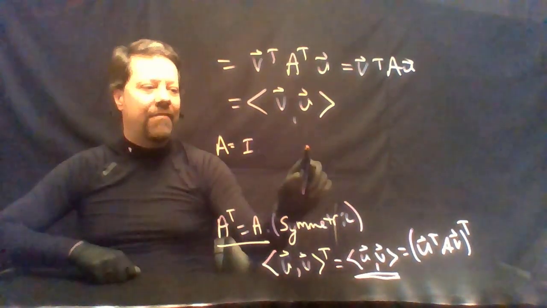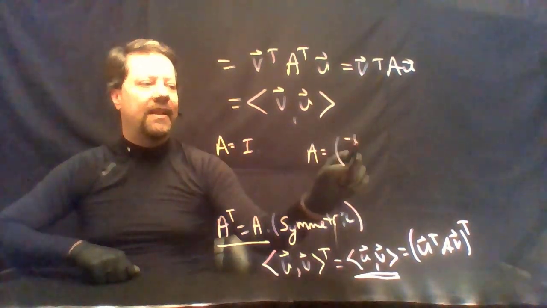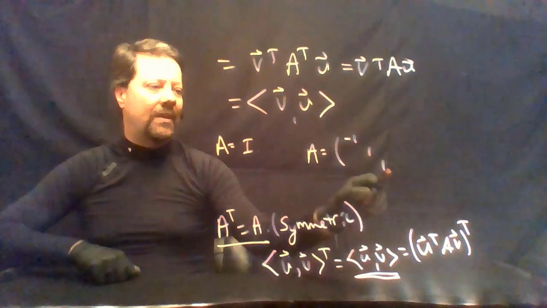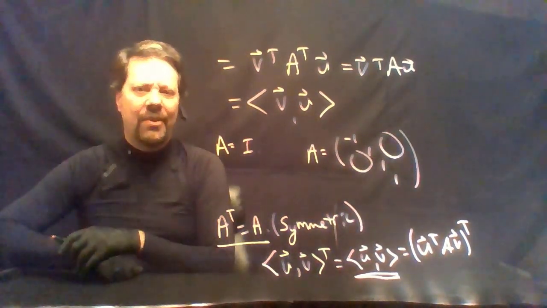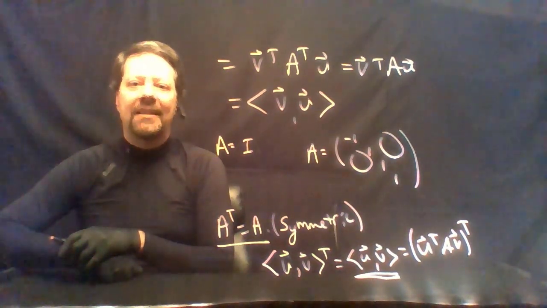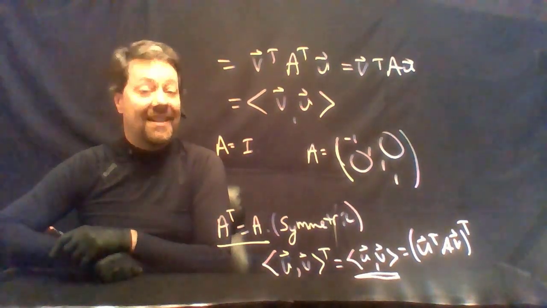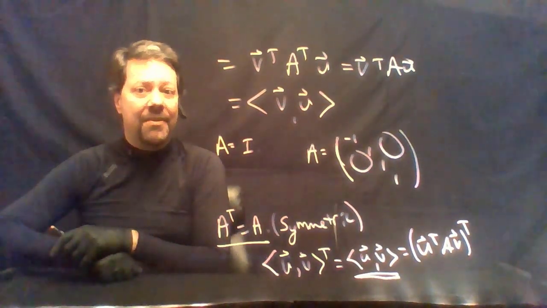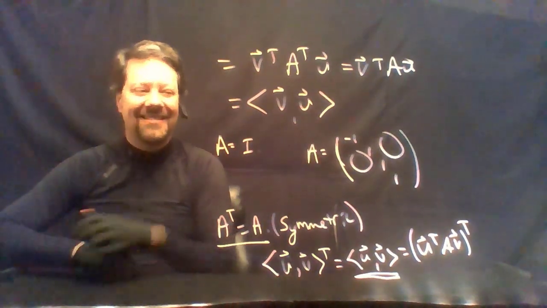Also, if you choose A to be something which looks like this, negative 1, 1, 1, 1 with zeros everywhere else, you end up with something that's not quite an inner product, but it does give rise to something very interesting, namely all of special relativity.